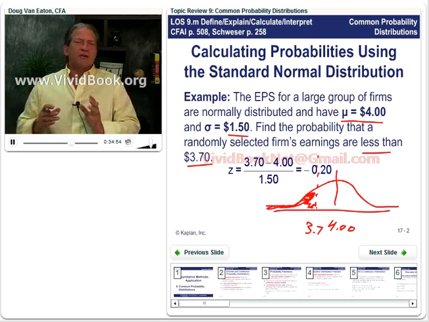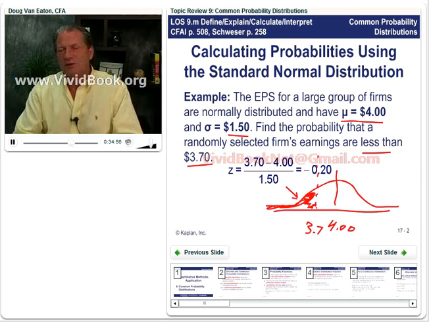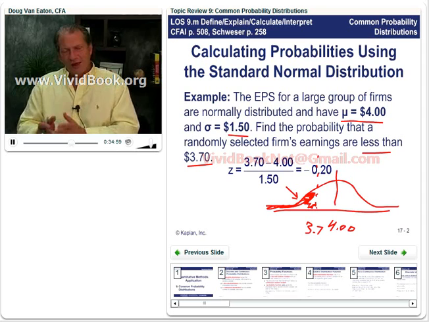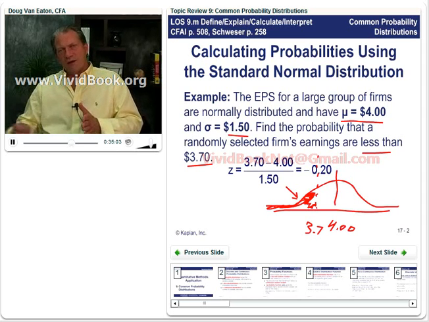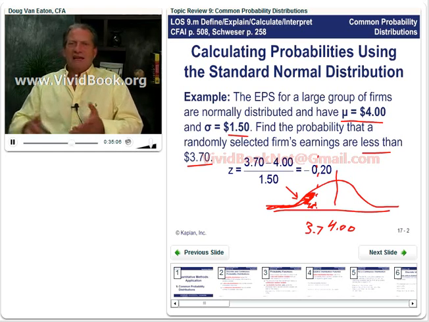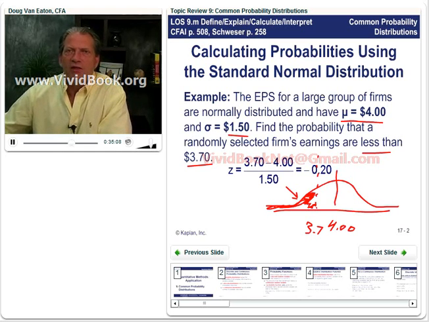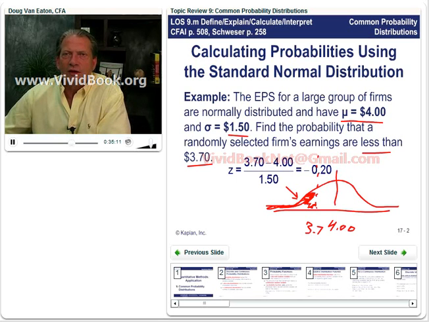Because remember, what's that table we're looking at? It's a cumulative distribution function. So the value for minus 0.2 is all the probability from negative infinity up to minus 0.2. And then we're also going to show that with a symmetric distribution, if I go out here, $4.30 is 0.2 standard deviations above the mean. If I looked that up on the table, I would get all of this area here from the cumulative distribution table.